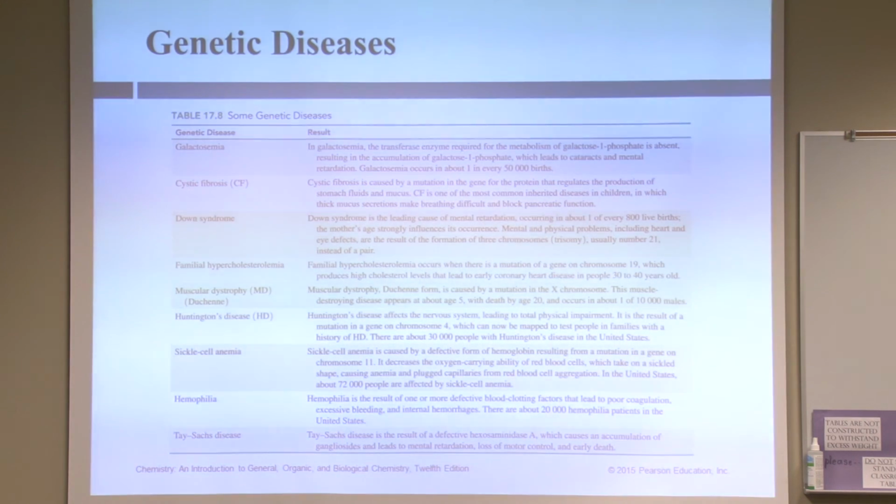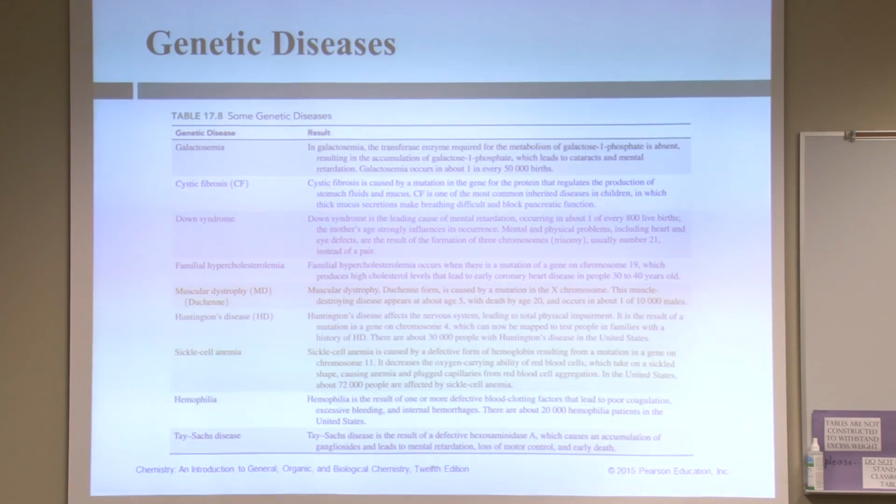So these are some genetic diseases, and this is in your book. If you are not able to look at this slide, please open your book, and you have all these genetic diseases, table 17.8. So let's look at some of these. Cystic fibrosis is caused by mutation in the gene for a protein that regulates the production of stomach fluids and mucus. Cystic fibrosis is one of the most common inherited diseases in children, in which thick mucus secretions make breathing difficult and block pancreatic function.